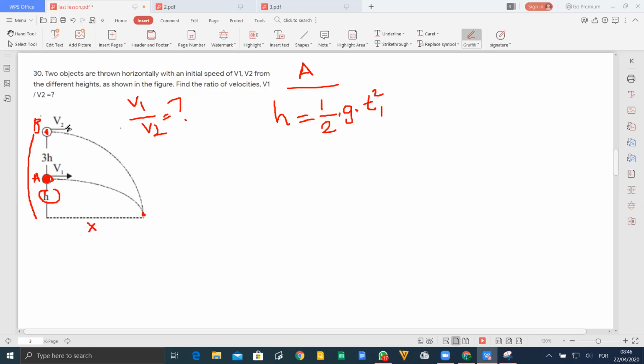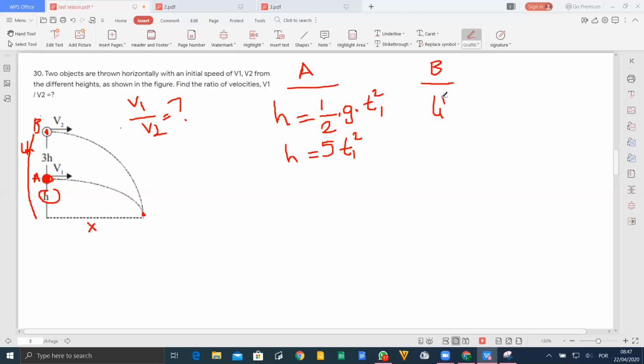because the time taken will be different, right? So h will be equal to, g is 10, it's going to be 5 t1 square. We can keep it as it is here. For b, what is the formula? Same formula, but what is the height in terms of h? This is 4h, right?